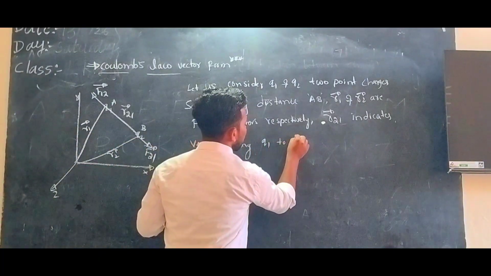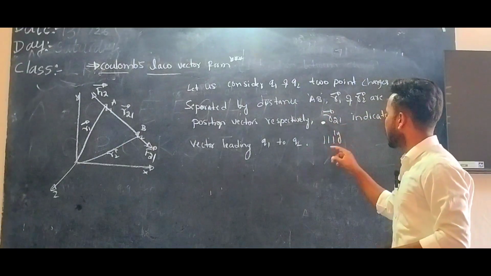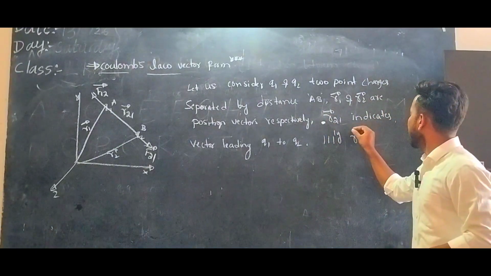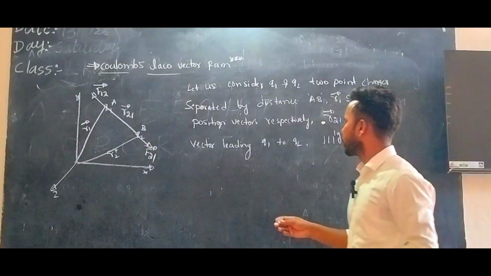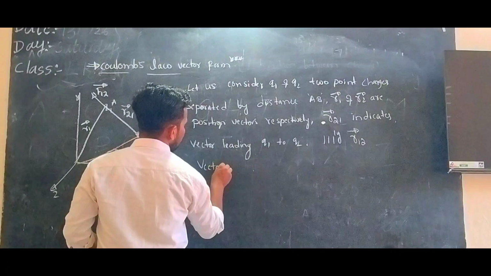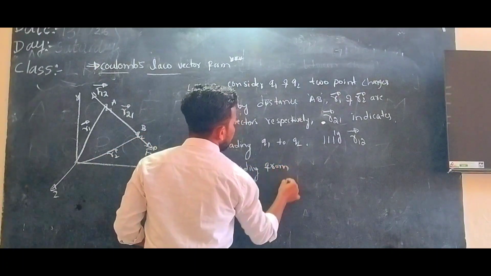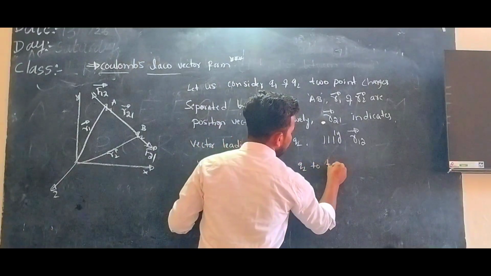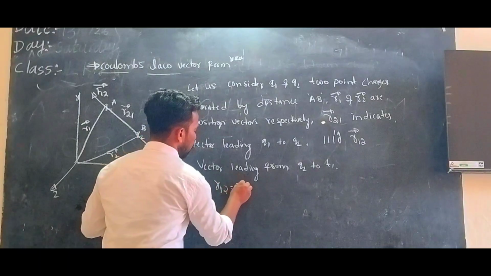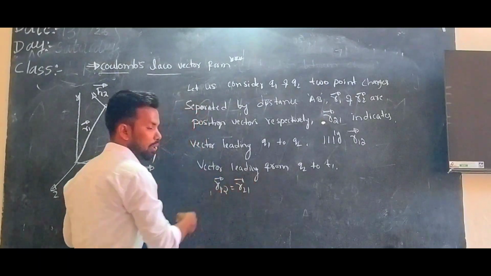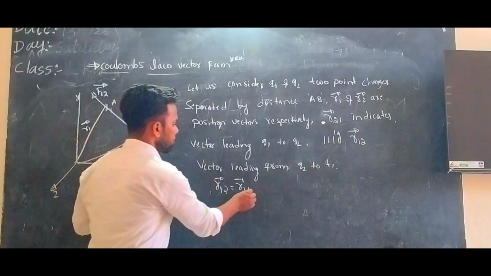Similarly, the position vector leading from 2 to 1, the vector leading from q2 to q1. These two, R12 and R21, are equal in magnitude but opposite in direction.